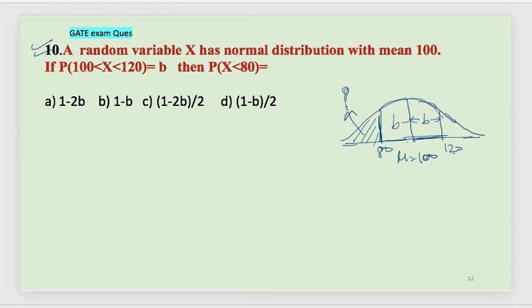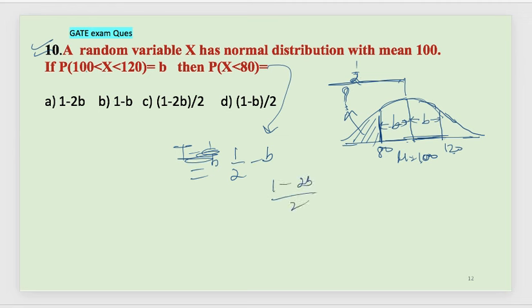So it is also B. There's no other quantity. So my required probability can be evaluated, since I have identified the area of 80 to 100 is B, and since this area is half, I can calculate half minus B. So 1 by 2 minus B is the required value. In this question they have simplified it, so C seems to be the right option, this one.